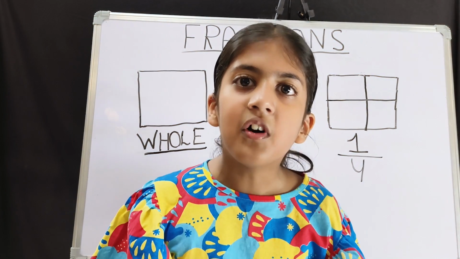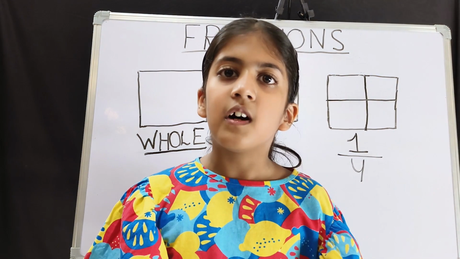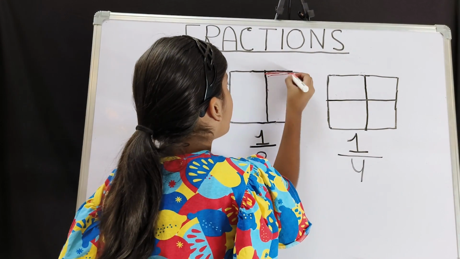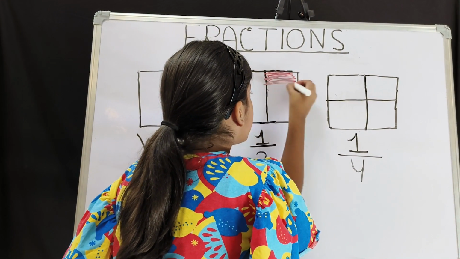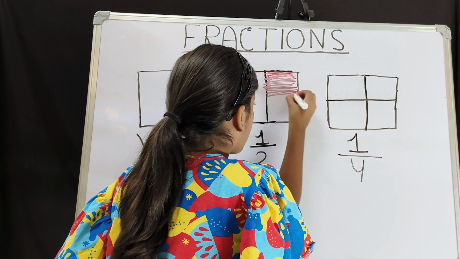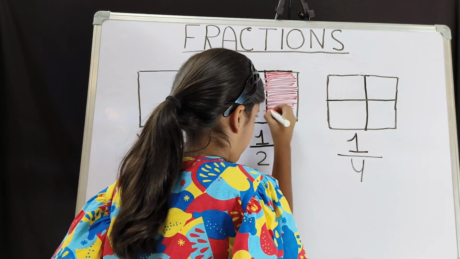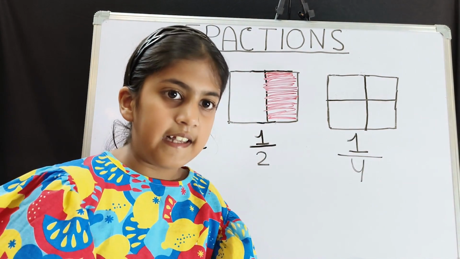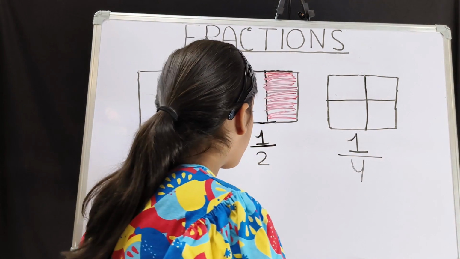Now let me show you how to find the fraction of shaded or unshaded parts. If I shade this part of this square, what will be the fraction? Let me show you.